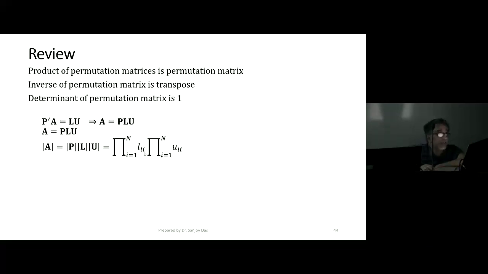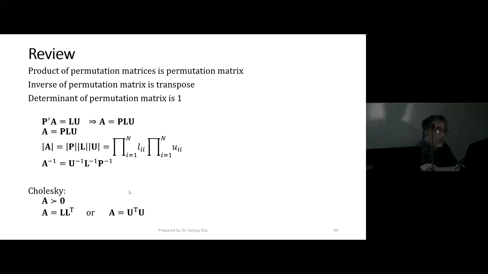The determinant of A is simply the product of the diagonal elements of L and U. The inverse would be U inverse, L inverse, P inverse. And Cholesky decomposition only for a positive definite matrix, A equals LL transpose or A equals U transpose U.